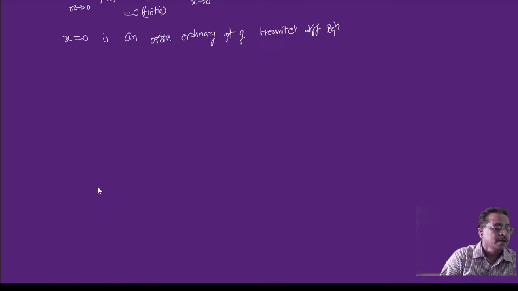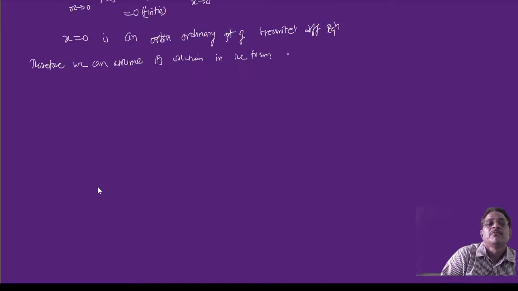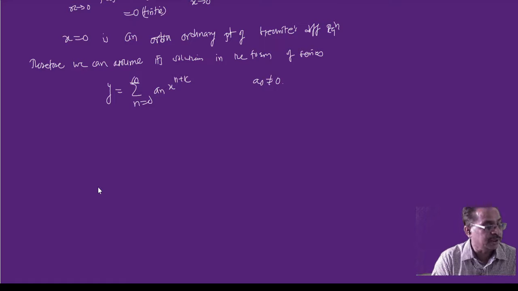Next, in exactly a similar way, we can assume its solution in the form of a series: y is equal to summation over n equal to 0 to infinity of a n times x raised to n plus k, and a0 is not equal to 0. So this is the series we have to take.